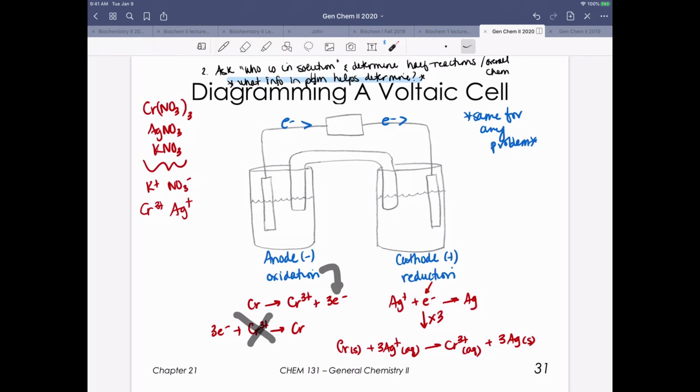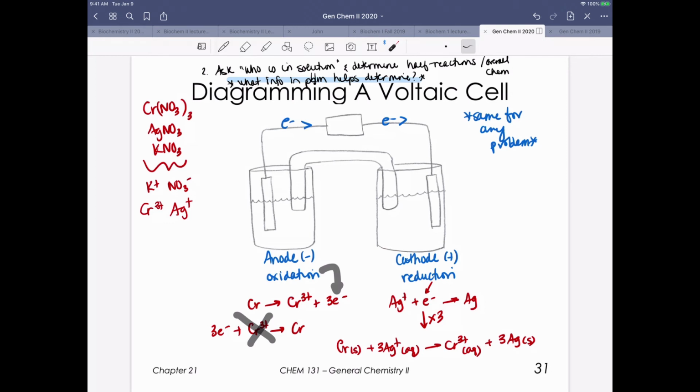Note here, and this is where we bring in skills from our first lecture, in order to have this be a balanced chemical equation, we have to scale up the number of electrons that are gained in our reduction half reaction to match that are lost by our oxidation. So we have to scale this guy up by 3, and doing that is going to give us our balanced overall redox equation.